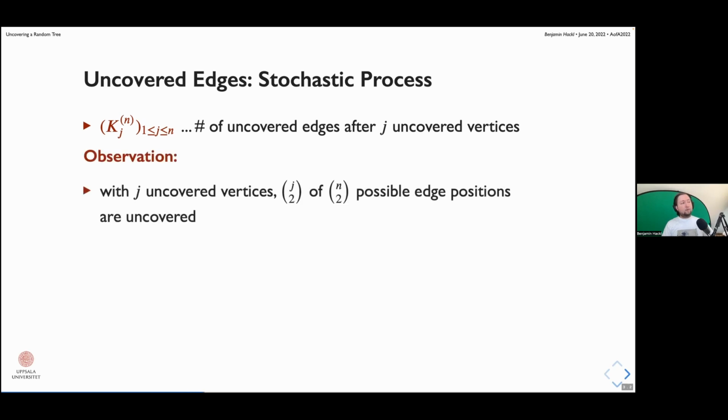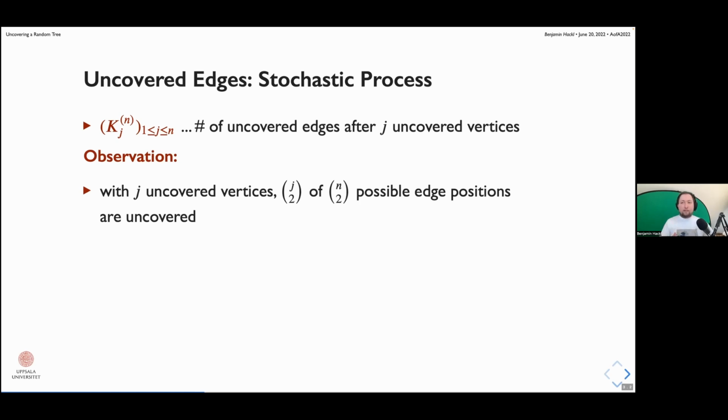And what we can observe is we can make a rather simple argument for the expected value of these uncovered edges, because we know that as soon as we have j uncovered vertices, j choose 2 out of the n choose 2 possible edge positions have been opened up and uncovered.